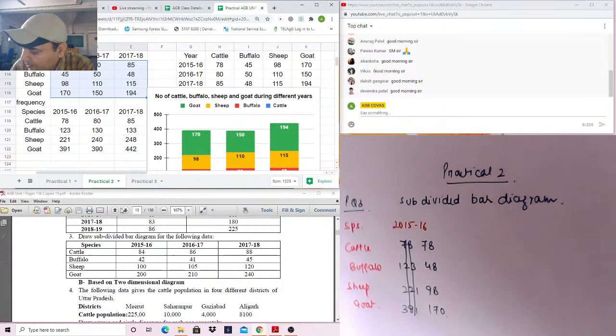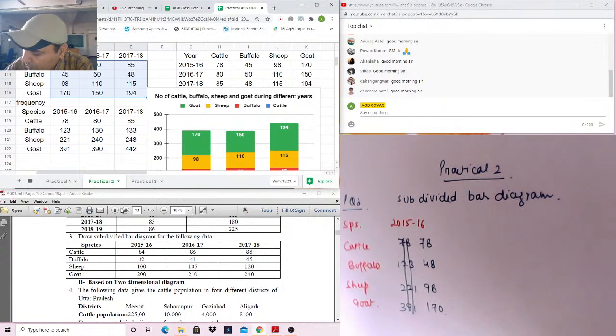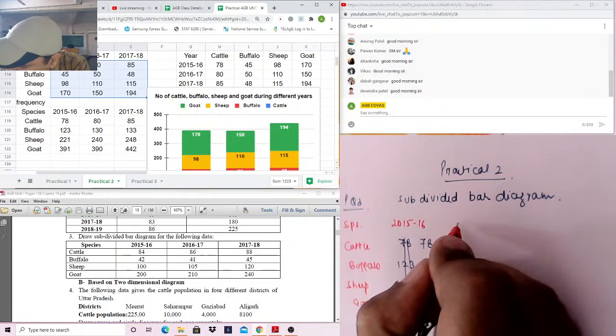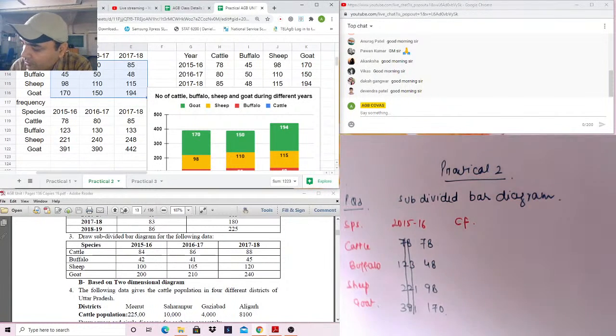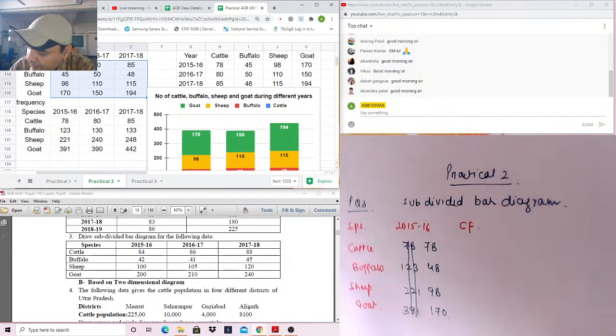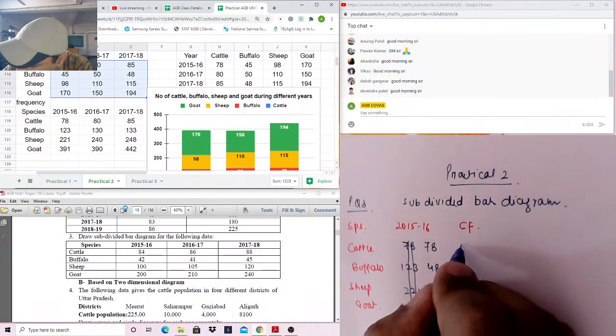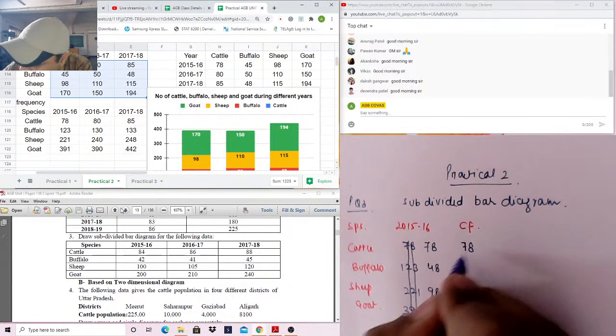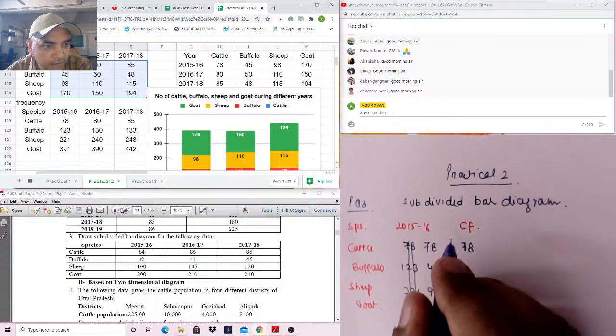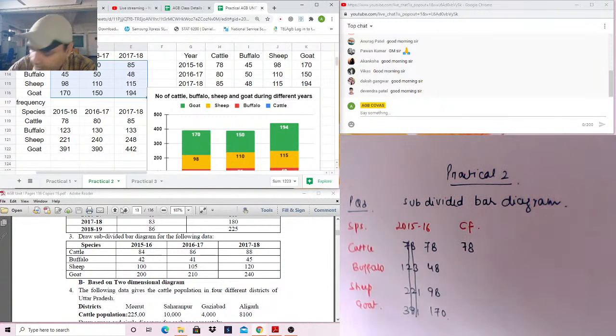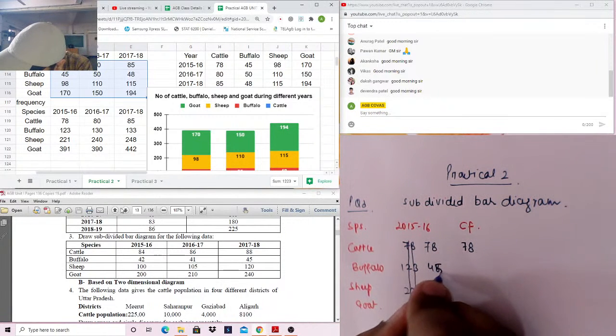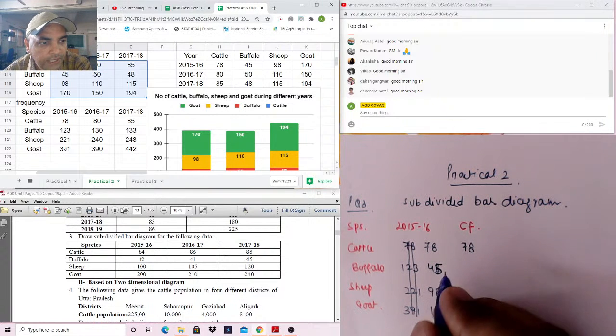So when we make a bar diagram, what we have to do is count the cumulative frequency. That is, from this data we have to calculate the cumulative frequency. What is the cumulative frequency for this? This will be 78. Then 78 plus, sorry, this is 45, not 48.